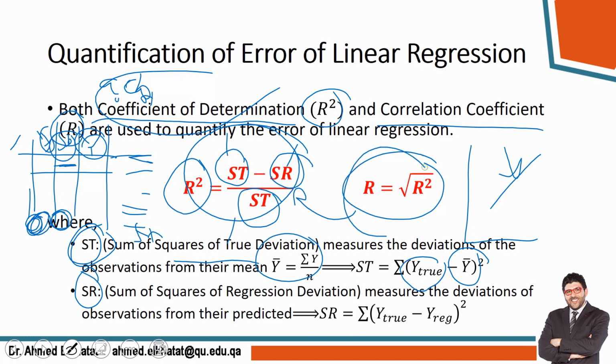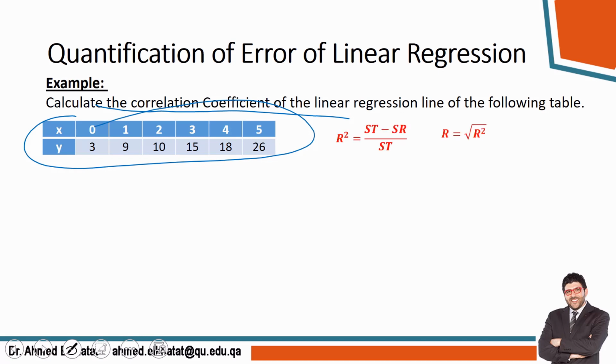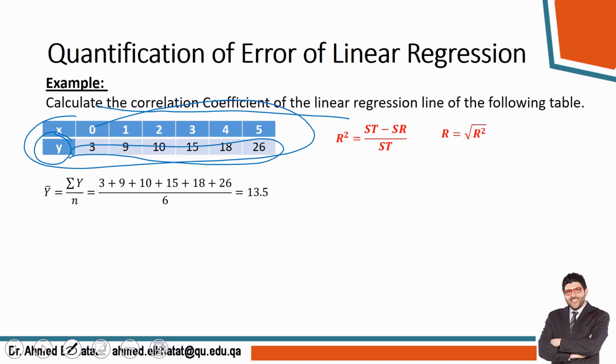So now let's take an example. Calculate the correlation for this table. Remember that these are our formulas. For the first step, find the mean of y. The summation of all y divided by n will be 13.5.